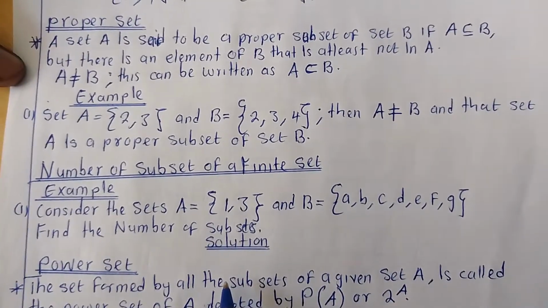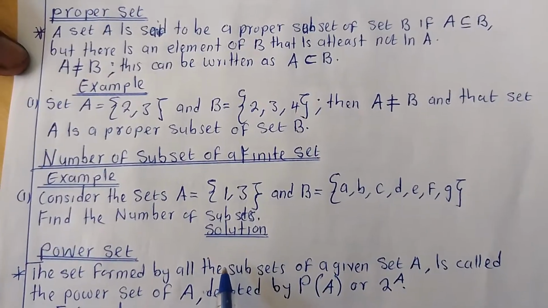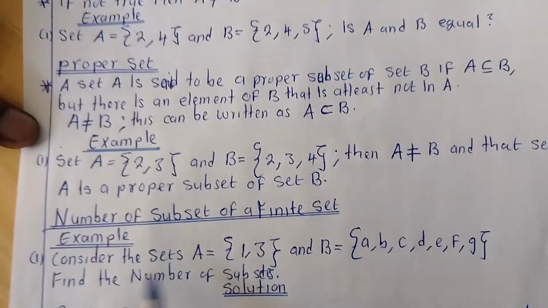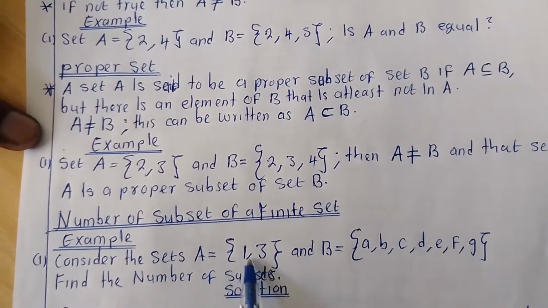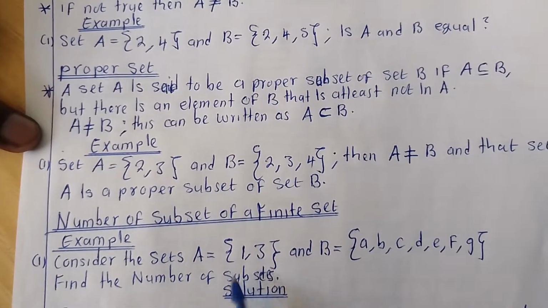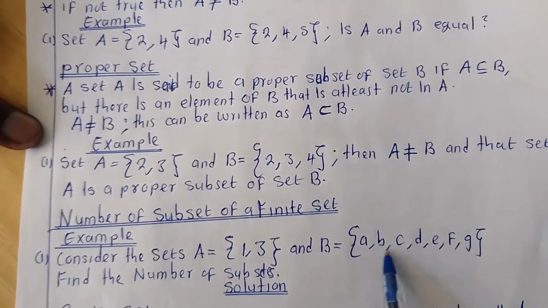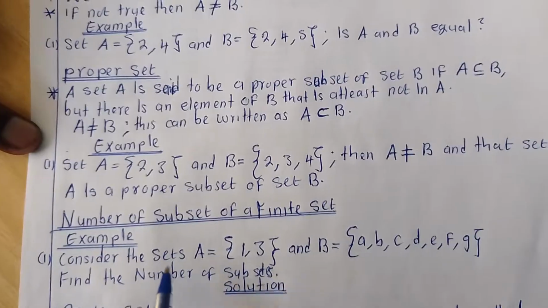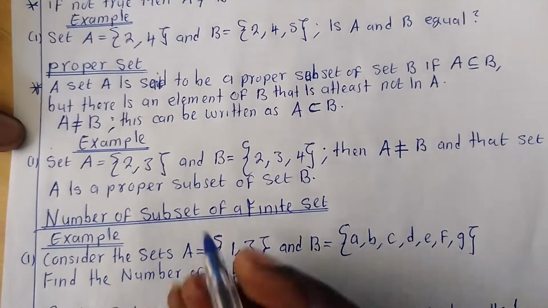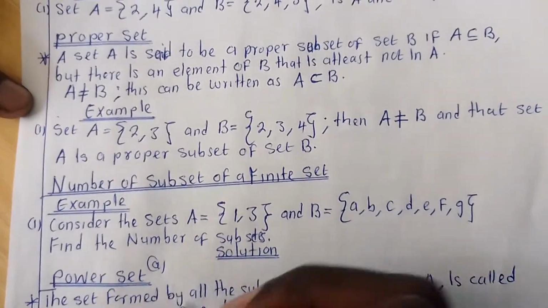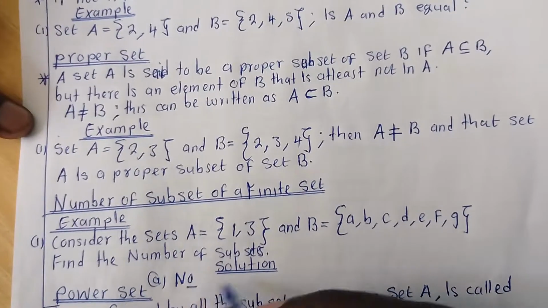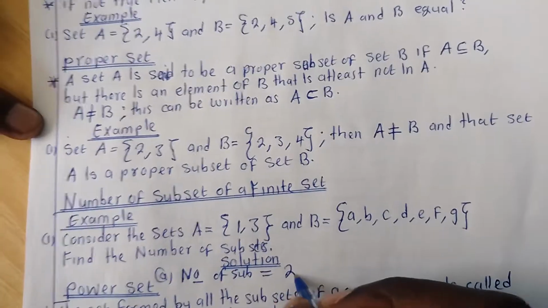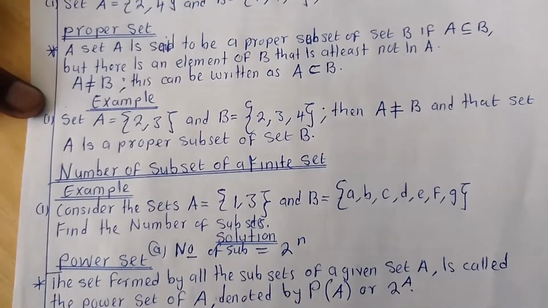We come to the number of subsets of a finite set. Consider the sets A is equal to {1, 3} and B is equal to {a, b, c, d, e, f, g}. Now, if you want to find the number of subsets of a set, we simply use the formula: number of subsets is equal to 2 to the power n.